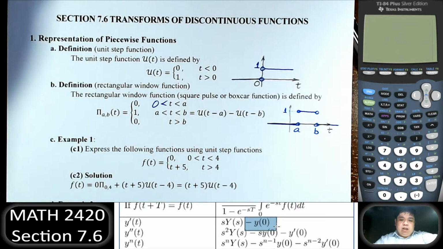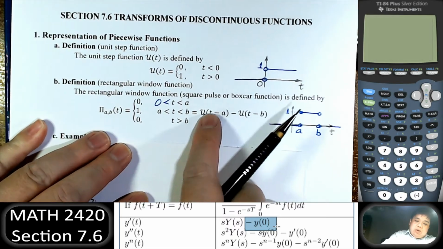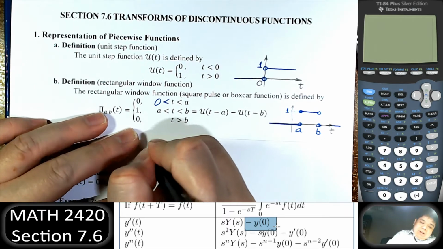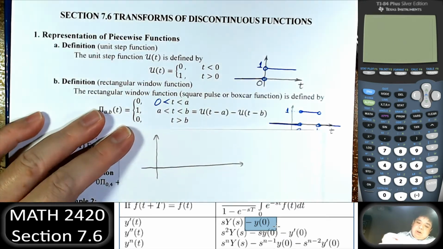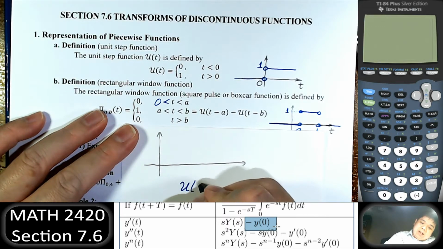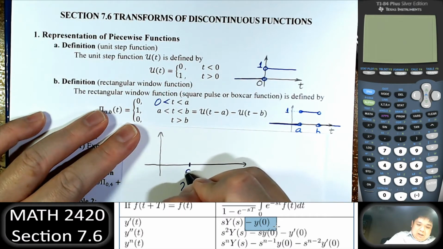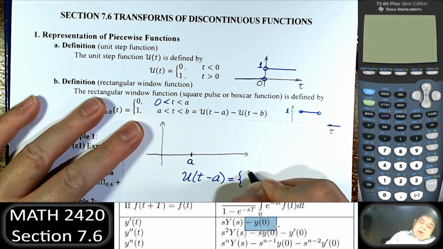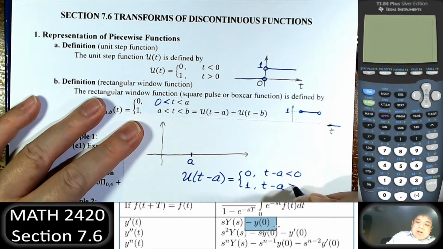So how does this work? First of all, for this function we start with u of t minus A. Meaning that it will equal 0 if t minus A is less than 0, and it is equal to 1 if t minus A is greater than 0.